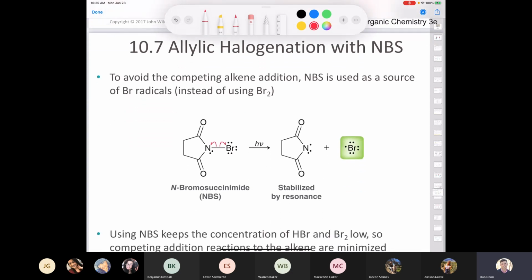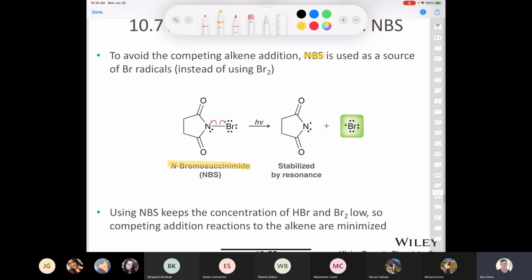And the way that we avoid the competing alkene addition is that we use NBS, which is N-bromosuccinimide. We use that as our source of bromine radicals instead of using bromine, and that way we keep the amount of bromine in our reaction mixture, or Br2, low. So it says down here that when you take NBS and you subject it to light, this nitrogen-bromine bond is actually pretty weak, and it ends up breaking to give you a resonance-stabilized radical.